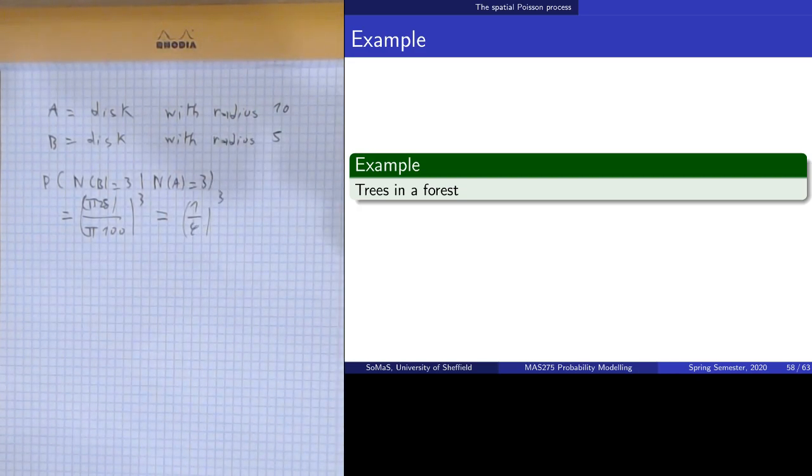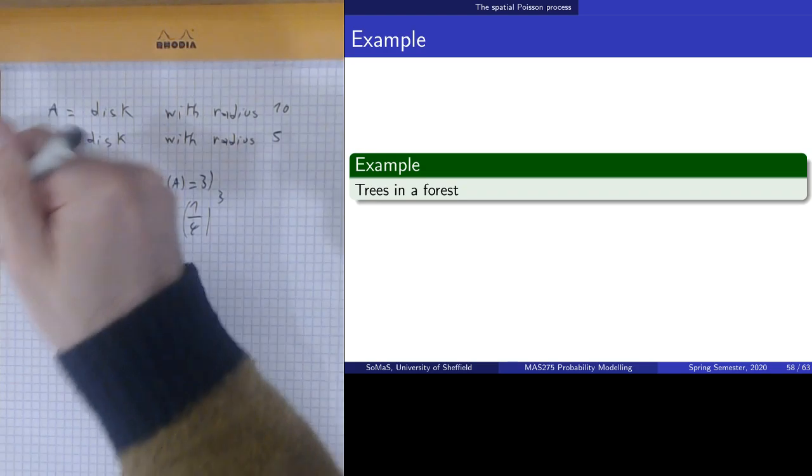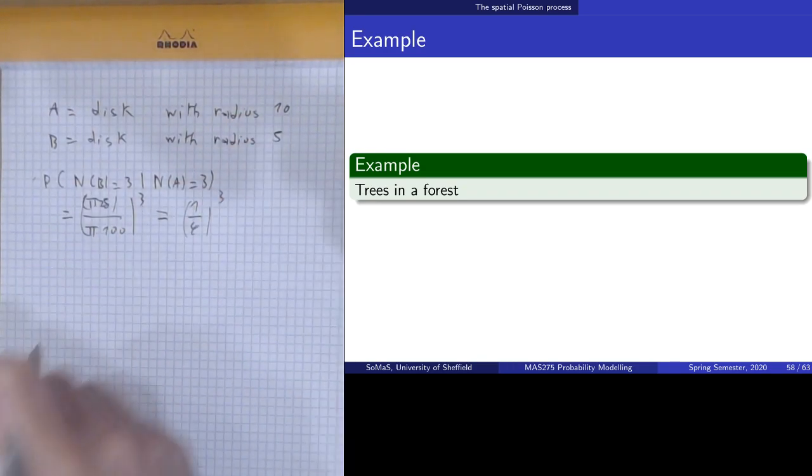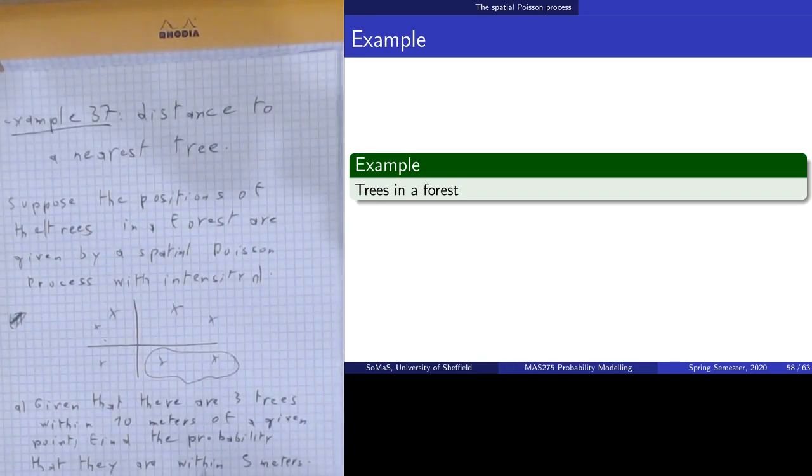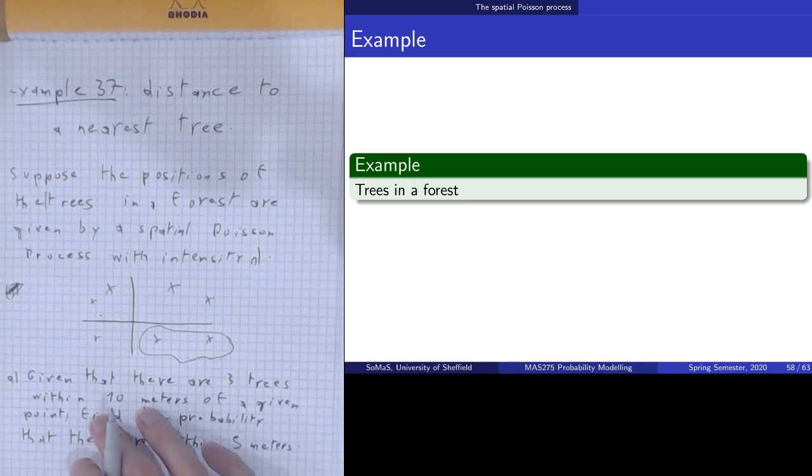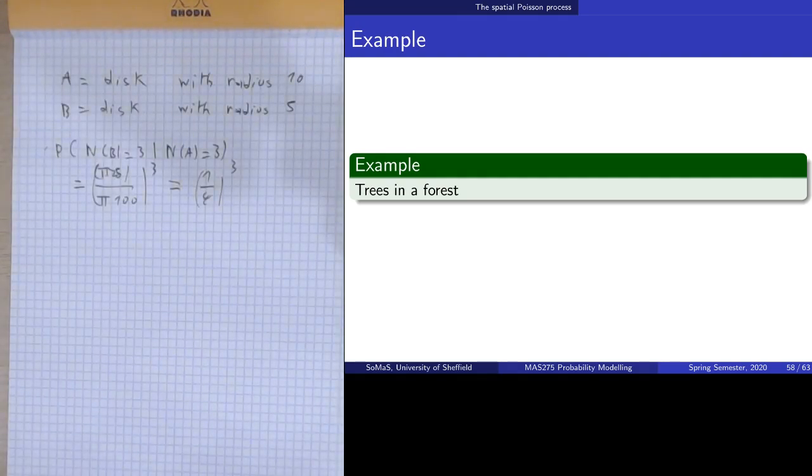So the example which is given in the PDF is a different one. The one given in the PDF is what's the probability that none of them are inside this. Let's do this as well. So that's what I wrote here, but that's not necessarily what was asked somewhere else.